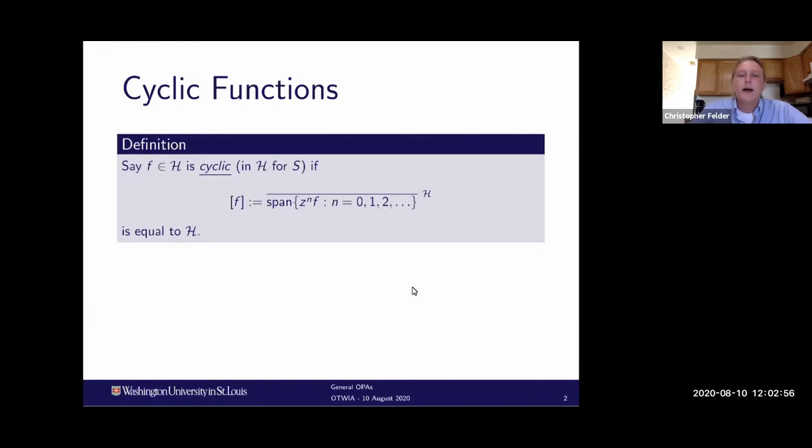So this is just the polynomial multiples of F closed up in H. I'll call this bracket F, or I might say the subspace generated by F. This is always a shift invariant subspace, so S acting on bracket F is back in bracket F.